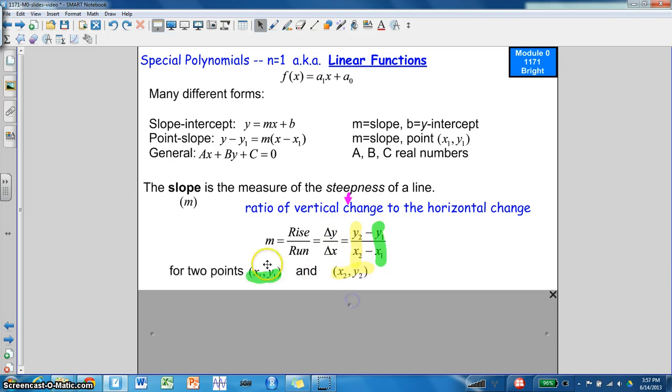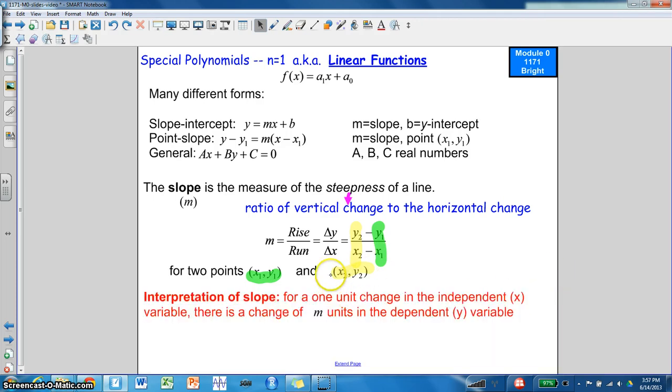If we know 2 points, we can compute their slope by subtracting the corresponding parts. Notice that they have to be lined up in order. If you transpose the two, so if you have x sub 1 minus x sub 2 on the wrong part, you will not get the correct slope. You'll get the negative slope.